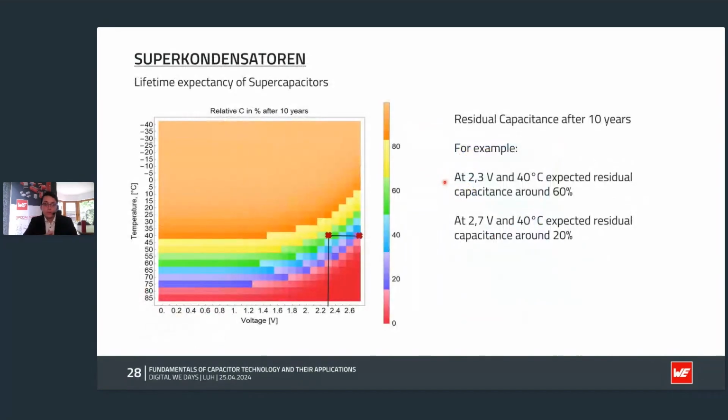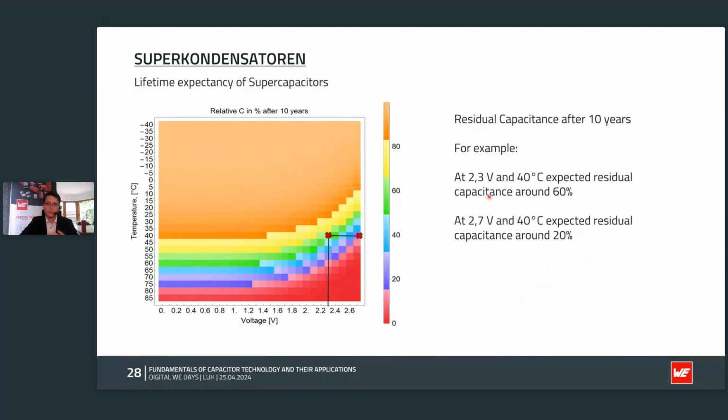But supercapacitors also tend to reduce their lifetime based on the outside temperature and also the voltage. We have some support notes about these topics, and we are really supporting you if you have requests about lifetime calculations for supercapacitors. You can see here the relative C after 10 years.